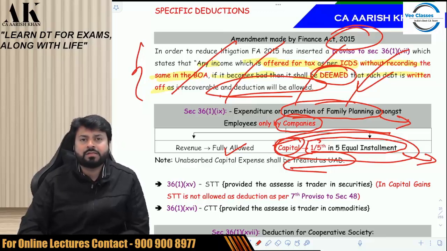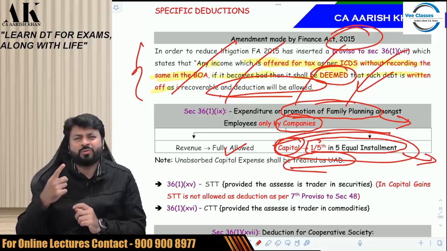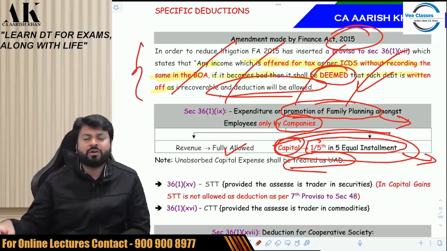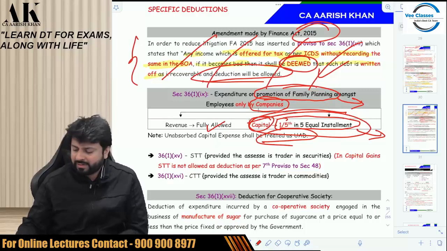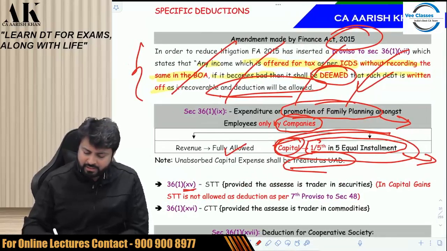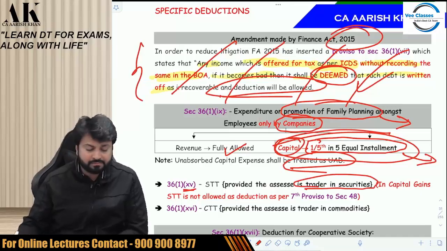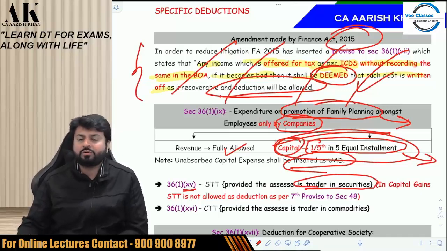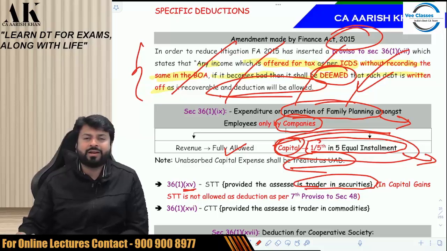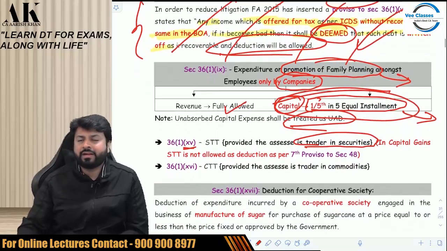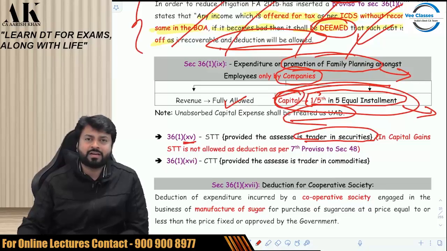Okay. Now, moving ahead to the next one or two small points, that is, if you want to claim deduction of securities transaction tax, you will get deduction of securities transaction tax provided you are a trader in securities. You should be Motilal Oswal, you should be Anand Rathi, who are traders in securities. Regularly they trade. So if you are a trader in securities, you will get deduction of securities transaction tax under PGBP.